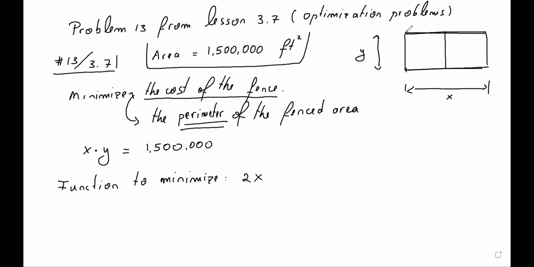And then there will be 3 Ys, because there's one here and one going down here and one going down here, the vertical, north-south sides of the fence. So 2X plus 3Y has to be the function to be minimized.